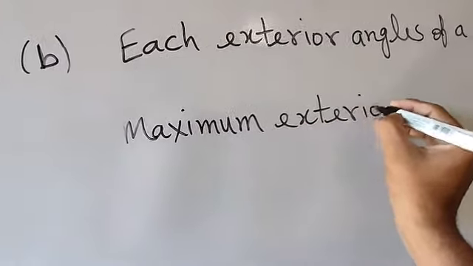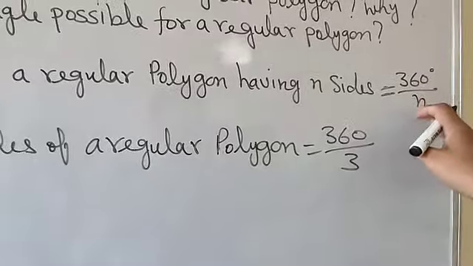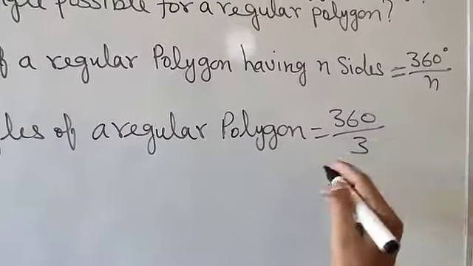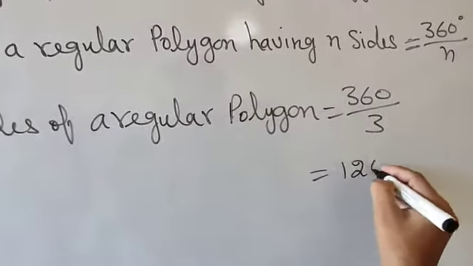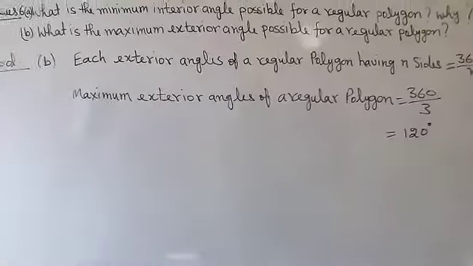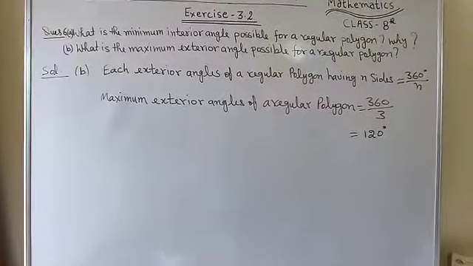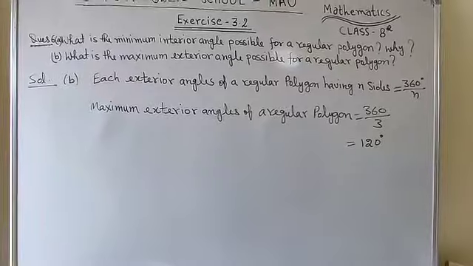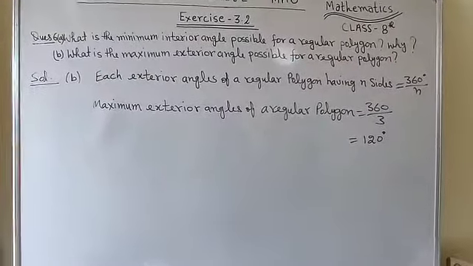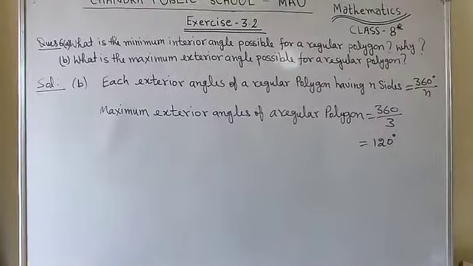Why am I going to take 3? The reason is that at 3 is the highest value, and if you increase the number of sides, the angle is going to be reduced. So it is equal to 120 degrees. It means a regular polygon whose exterior angle is maximum should be 120 degrees. So this is the solution of the B part.